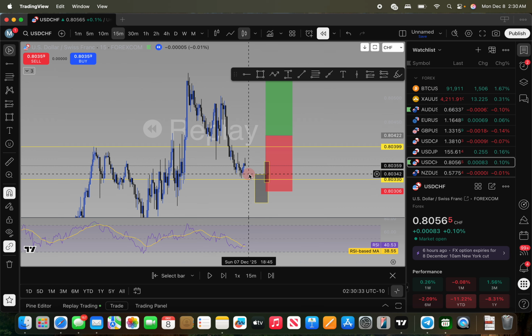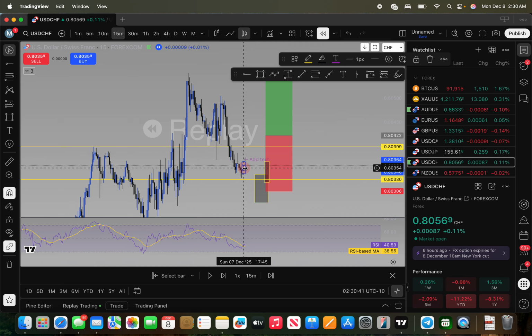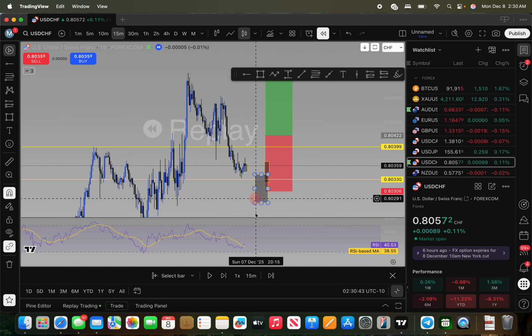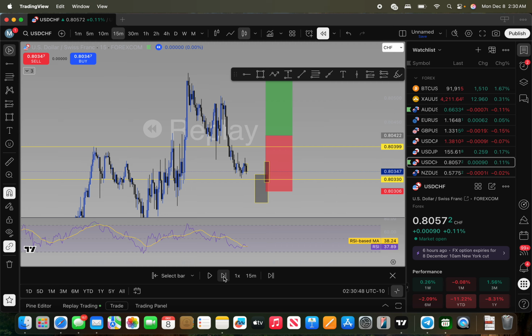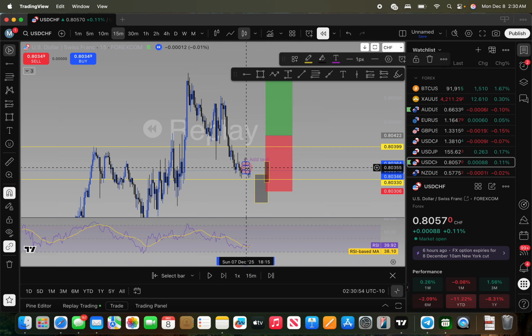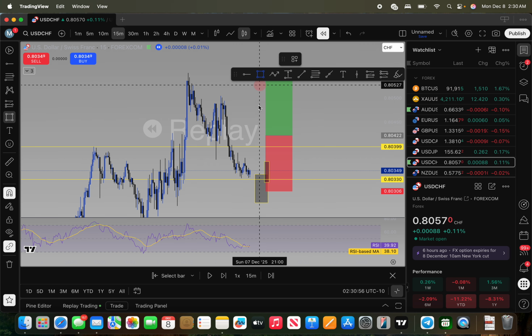New theory candle right here. And then we wait. And then it created a new theory candle right here.